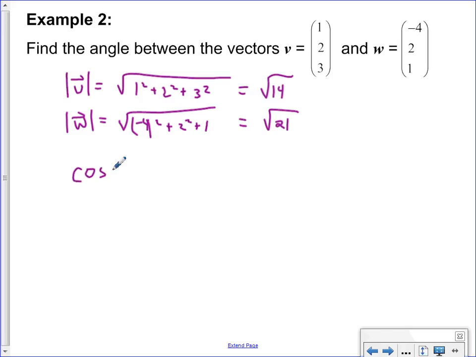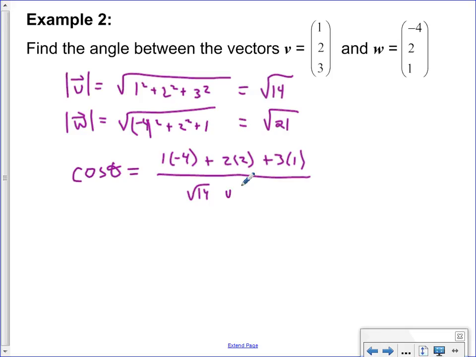So the cosine of theta is the dot product divided by the product of the magnitudes. So 1 times -4 plus 2 times 2 plus 3 times 1, divided by square root of 14, square root of 21.